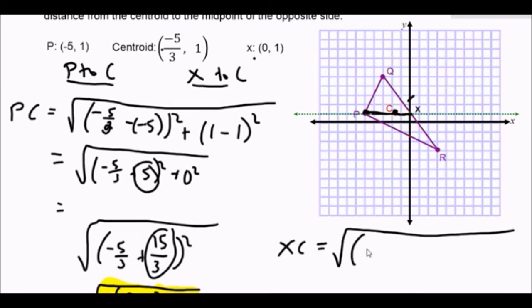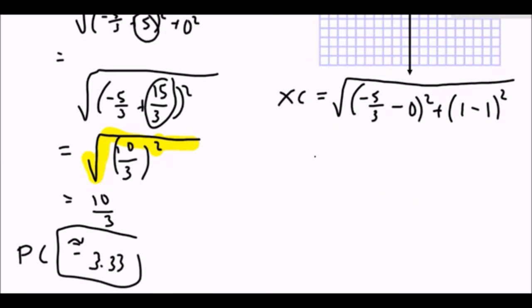So y2 minus y1 squared plus x2 minus x1 squared. So doing this math, 1 minus 1, oh, this is going to work out kind of nice. Very little math to do over here.